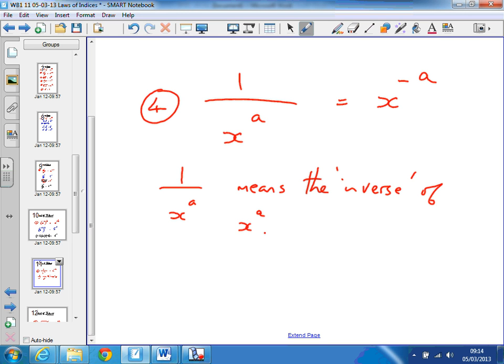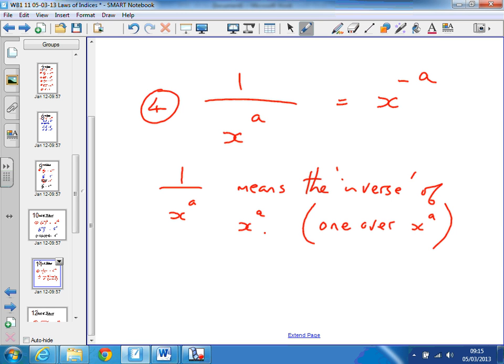What does the inverse mean? 1 over. So inverse is another way of saying 1 over something, 1 divided by something.